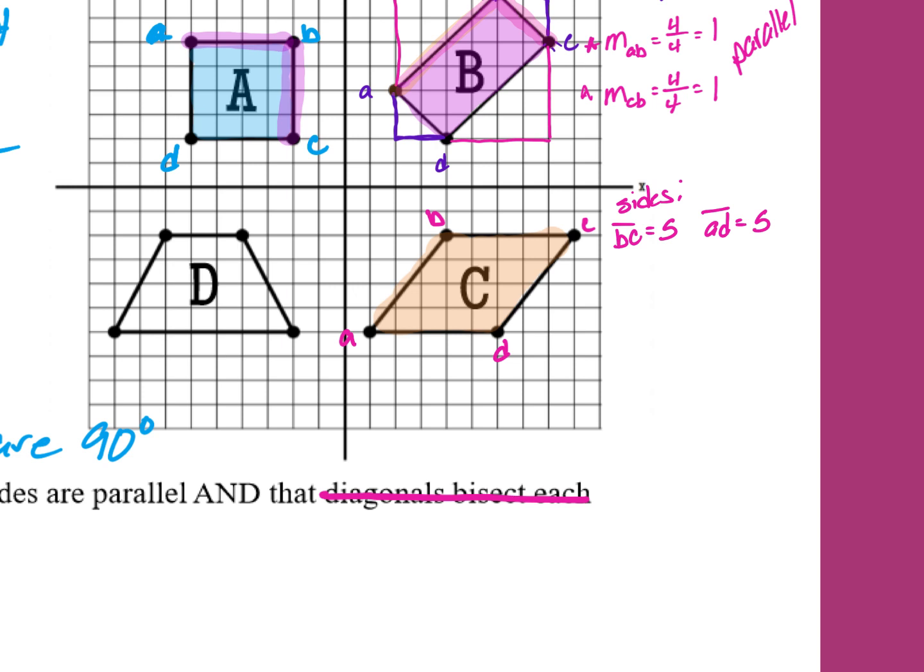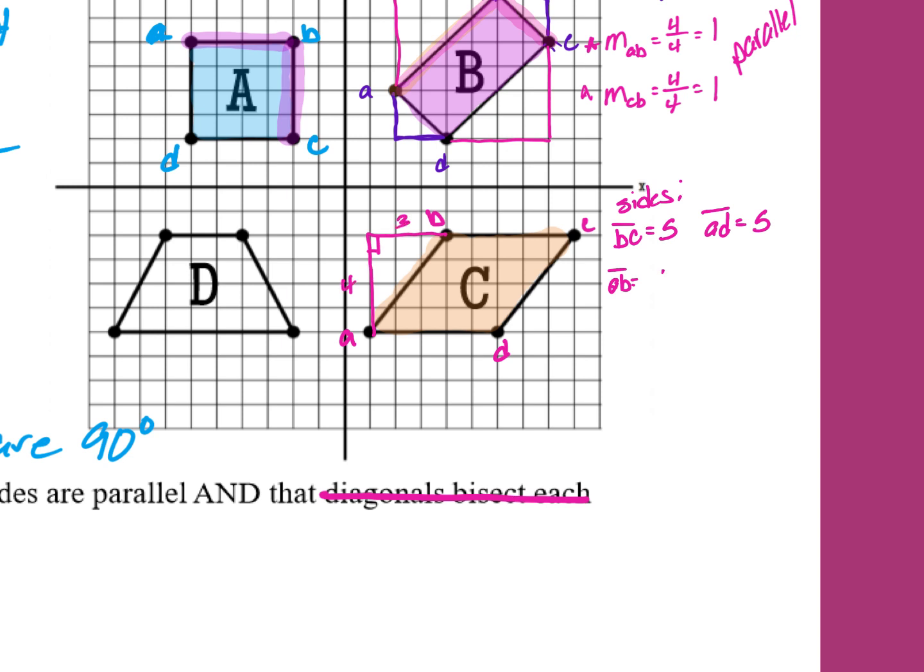So now I need to find AB. AB is diagonal, so how do I find the length of a diagonal side? We're going to make a right triangle, and we're going to do a squared plus b squared equals c squared. How long is one of my sides? 4. How long is the other side? 3.